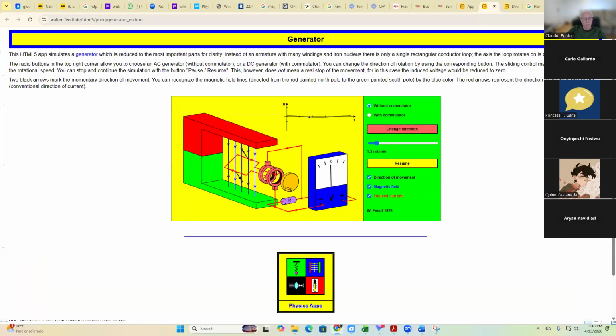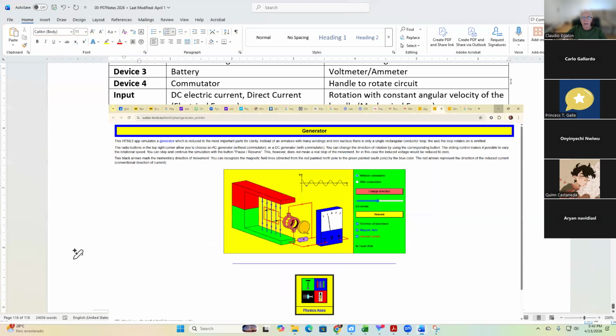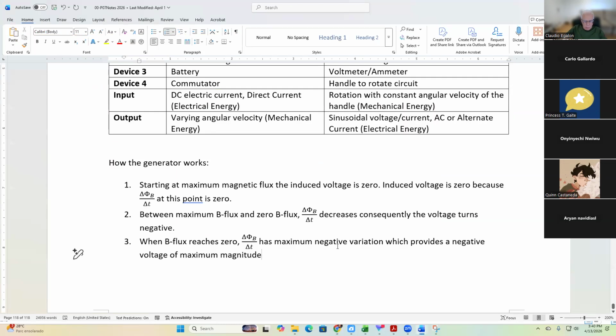Let's take a look. Here you go. Let's put it to rotate. You're going to see that this needle should be right in here. Oh, a little bit more, right in here. You can see maximum deflection of the needle towards the negative values.